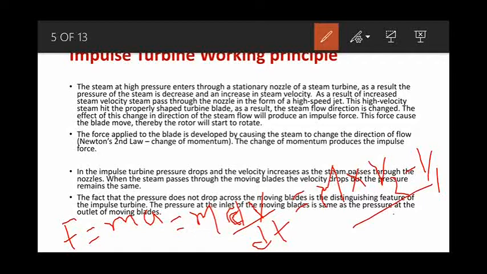So F = m(v2 - v1)/dt, which means the rate of change of momentum.